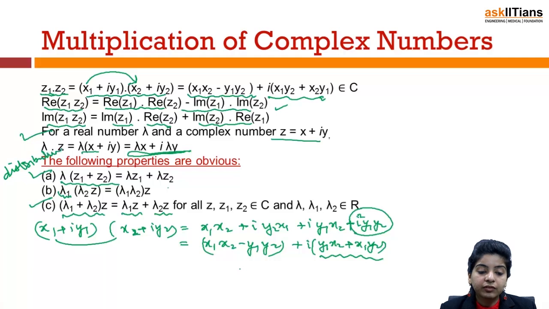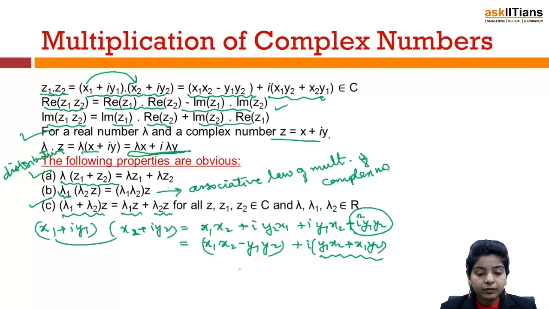This is quite simple. These are the special cases of distributive law, whereas this comes from the second one, from the associative law of multiplication. This is associative law of multiplication of complex numbers. So these properties I suppose are quite simple. In fact, they are quite obvious also.